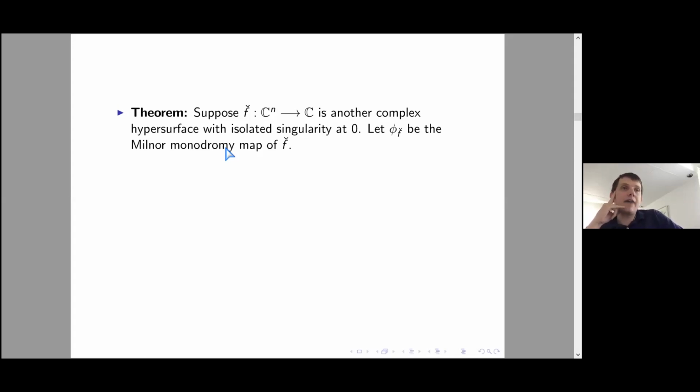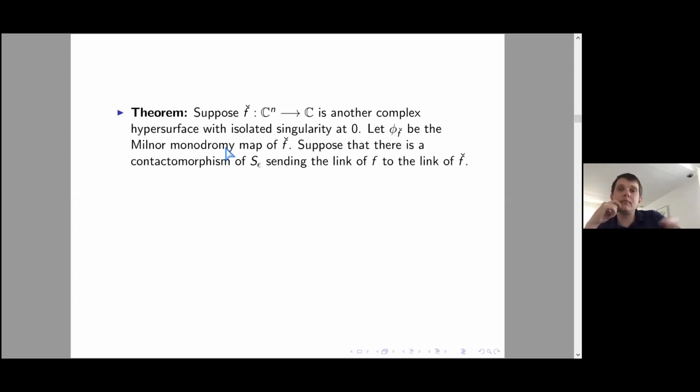So I have two polynomials, f and check f, and I have these two Milnor monodromy maps, phi f and phi check f. And suppose that there's a contactomorphism of the sphere S epsilon, sending the link of f to the link of check f. So in other words, suppose that the links of these two polynomials are identical as contact submanifolds of the sphere.